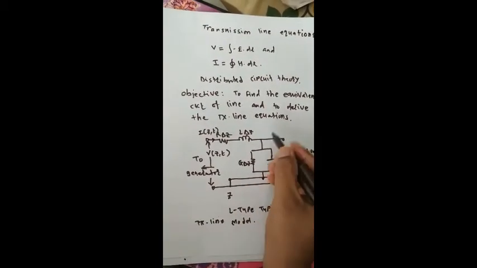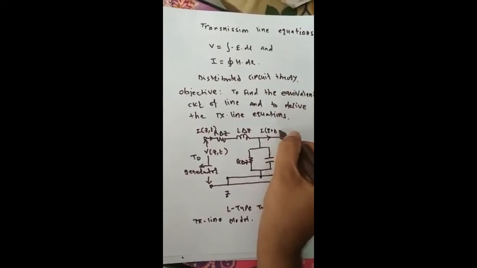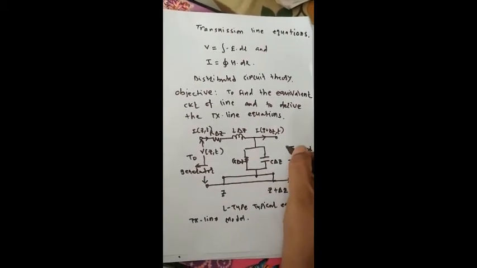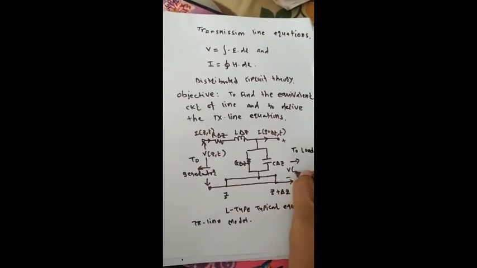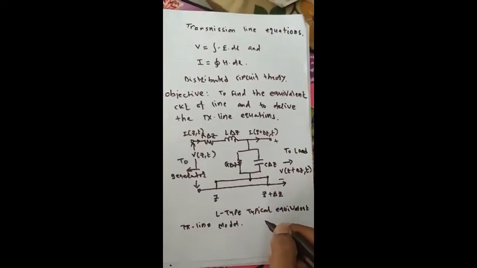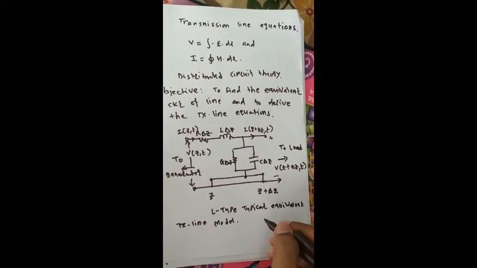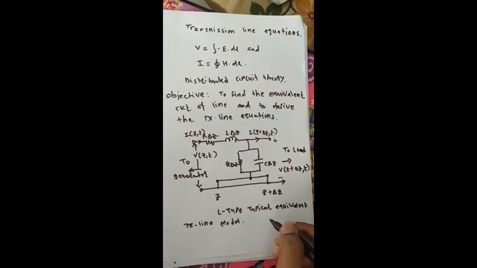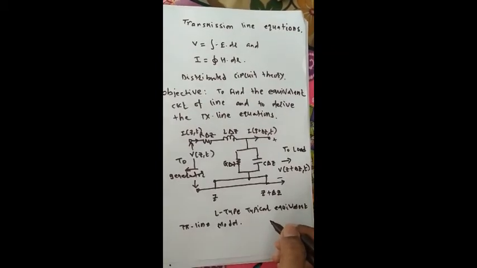At this point I can consider the current as I(z+delta z,t). In the same way I can express the voltage at this point as V(z+delta z,t). This way we have expressed the voltage and currents at different points on the transmission line.